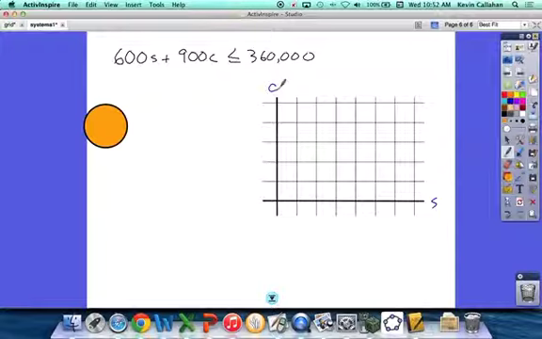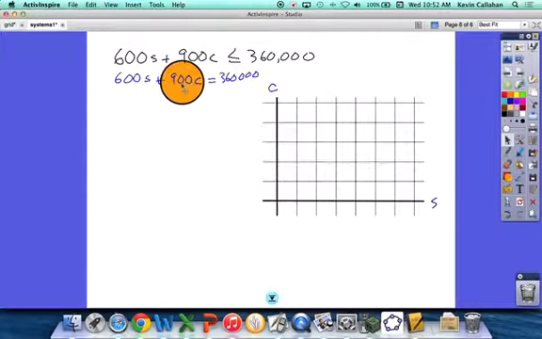We have to graph the boundary, which will be 600s plus 900c equals 360,000. That looks right. Okay, and I'm going to do that by this method.